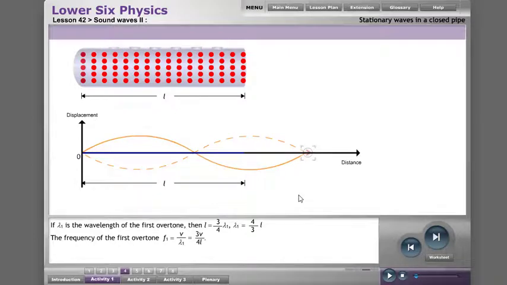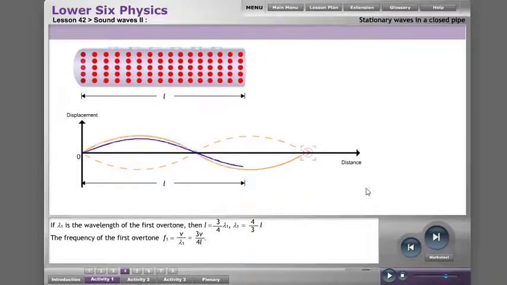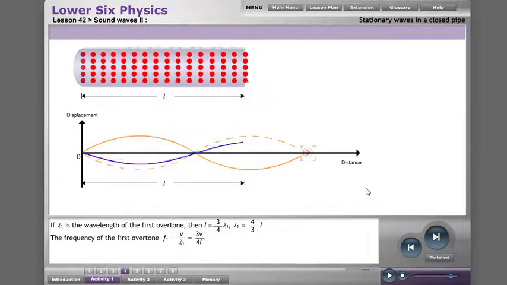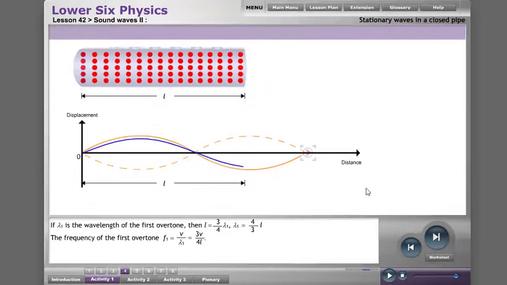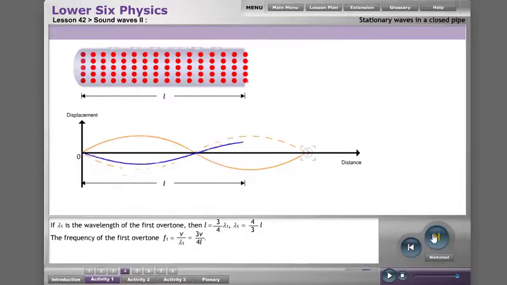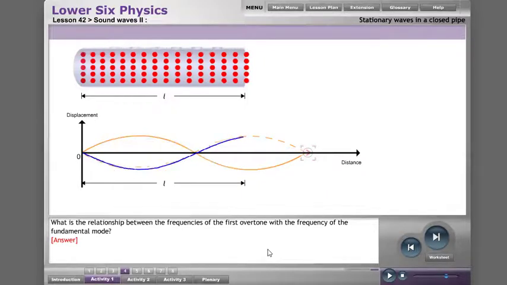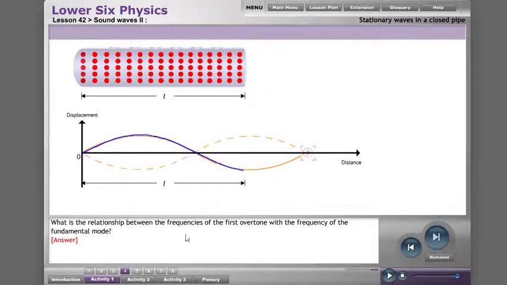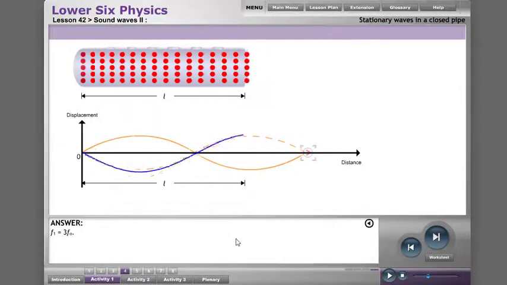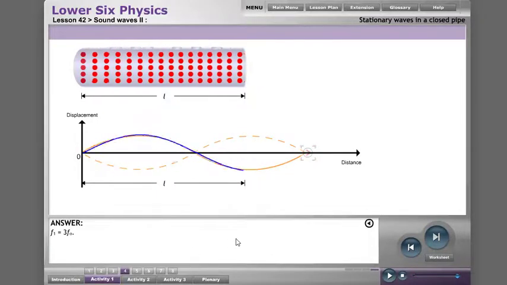If λ1 is the wavelength of the first overtone, then L = (3/4)λ1, which implies λ1 = (4/3)L. The frequency of the first overtone, f1 = v/λ1 = 3v/4L. What is the relationship between the frequencies of the first overtone and the fundamental mode? Answer: f1 = 3f0.